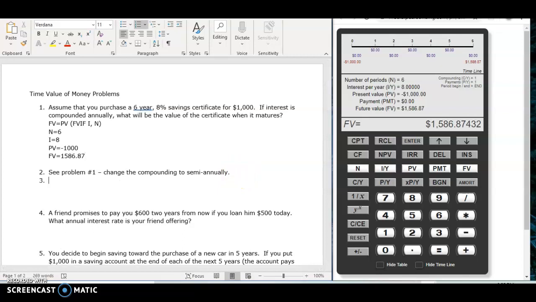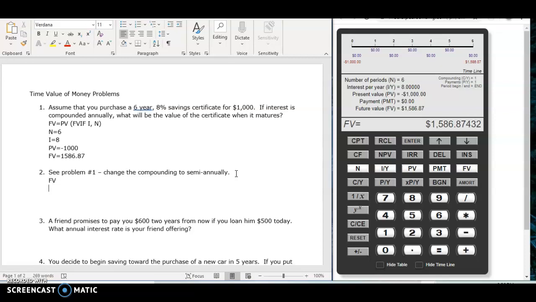With our next one, we're using the same information, but it's saying that it's compounded semi-annually. So what changes? Well, with semi-annual interest, that means that there are twice as many periods because it's being compounded every 6 months, so 2 times a year. So if there are 6 years, we multiply that by 2, and we're going to have 12 periods.